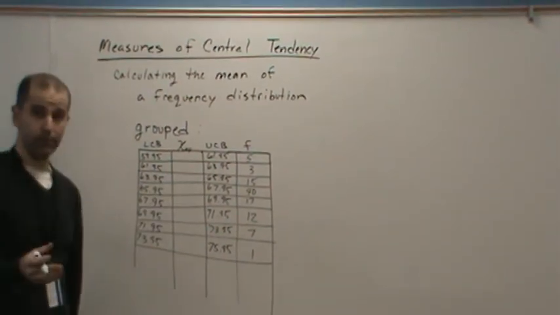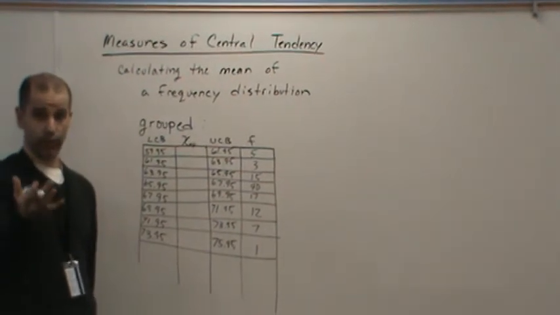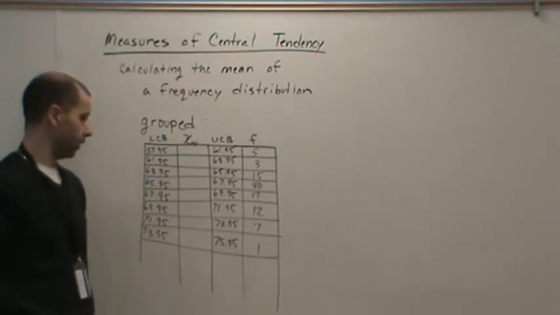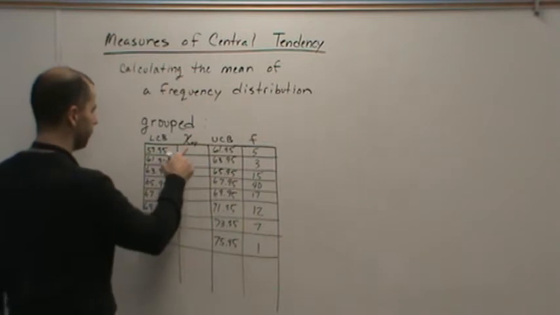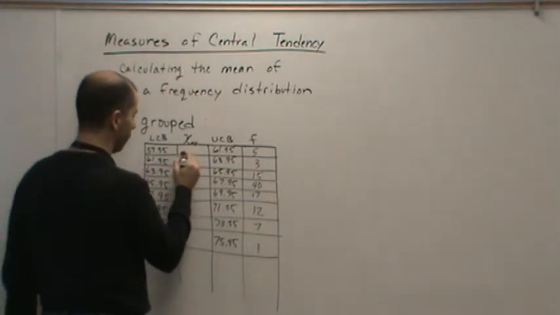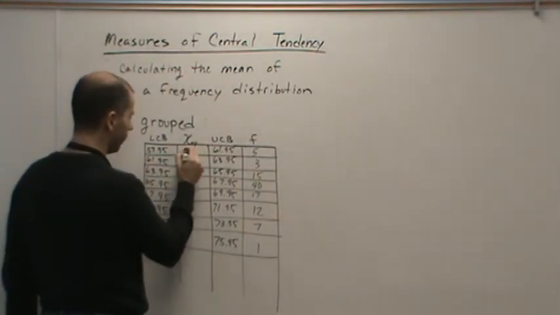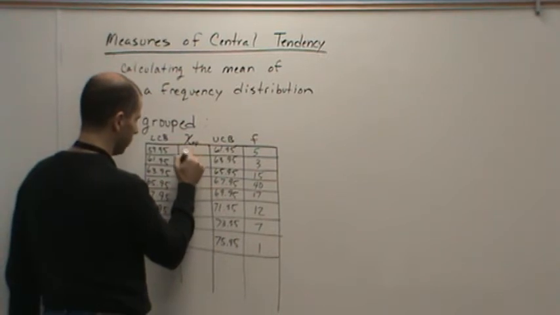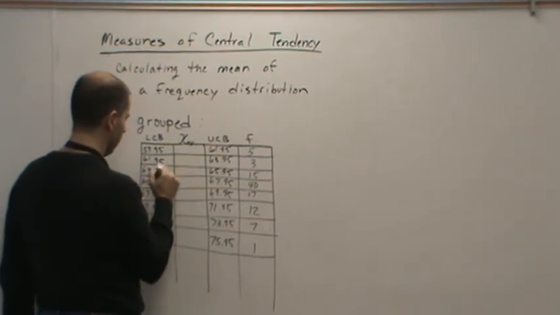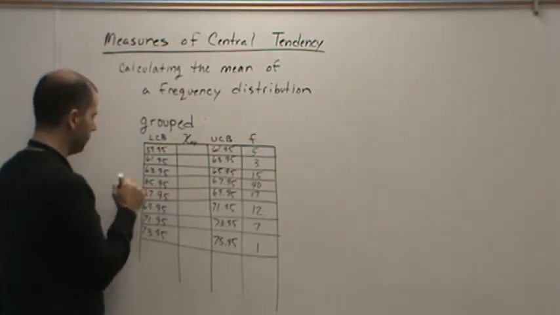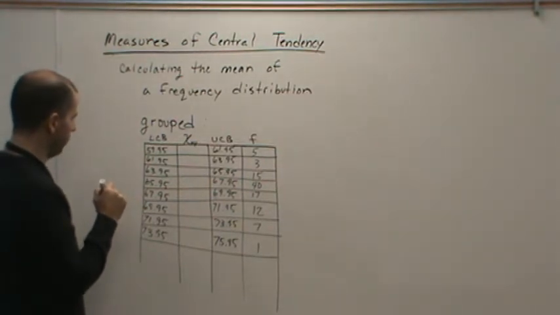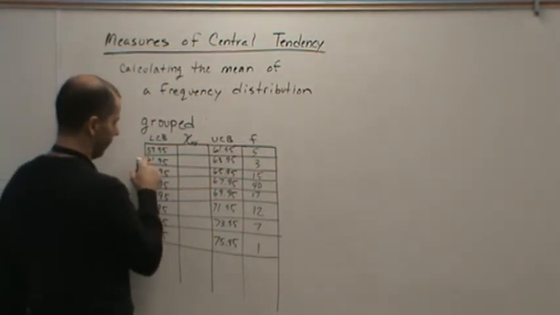Once you have the first midpoint, then you just add the class width, which if you remember is 2. Okay? So what's the midpoint for the first one? The midpoint between the two is going to be what?